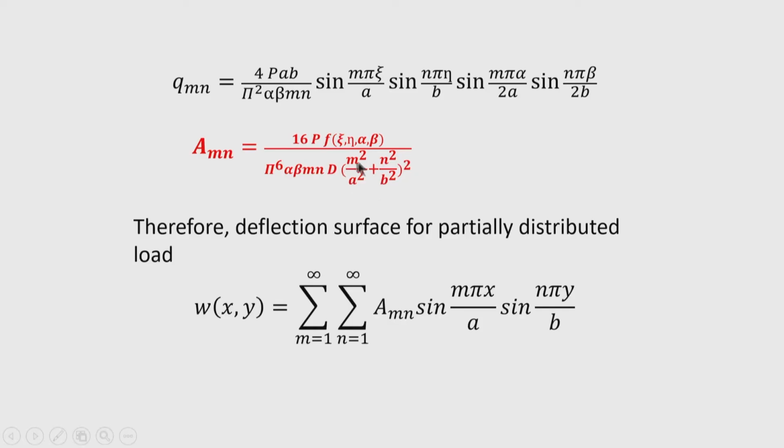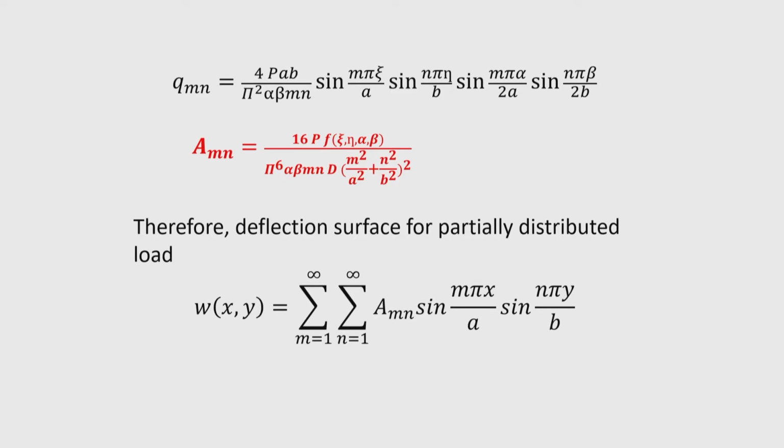Then the other parameters m and n are the harmonic numbers, or actually these are integers, the half wave numbers you can say. If m is equal to 1, you will get 1 half wave along the x direction. If m is equal to 2, you will get 2 half waves along the x direction.